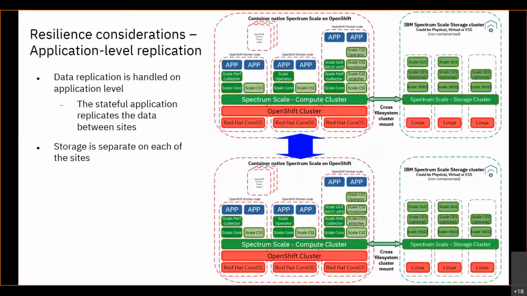This is very similar to when a client node in the Spectrum Scale cluster dies, with the difference that the application will then be moved to another node, and the remaining scale core pods will just serve this. So there's no need to move a scale core pod over to the other node. This is a deployment in Kubernetes that ensures that every single machine holds at least one scale core pod.